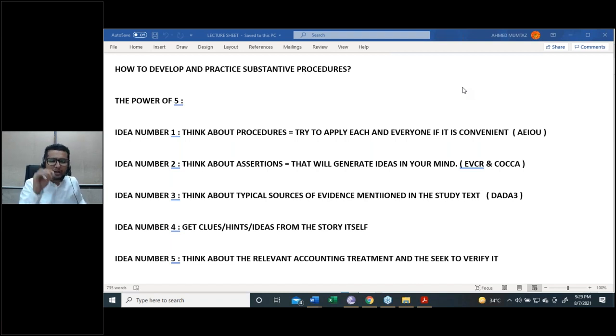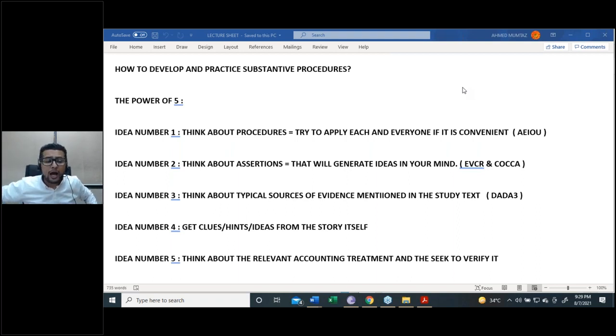If you are required to write substantive procedures, idea number one is think about the AEIOU. Maybe you will realize you haven't used A as yet. Maybe you haven't used recalculation as yet. Maybe you will realize that out of AEIOU, one thing is called inspection, and I haven't inspected anything.